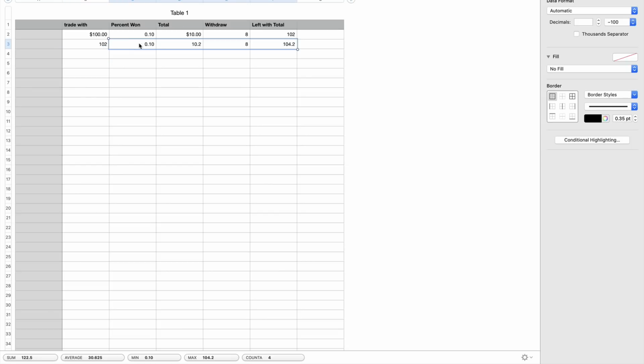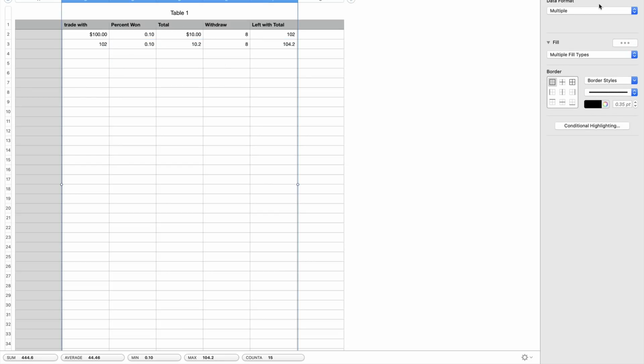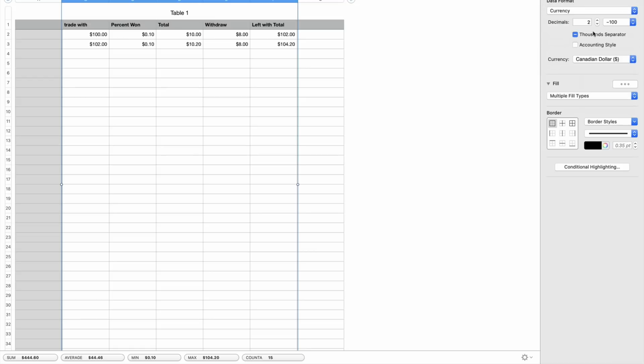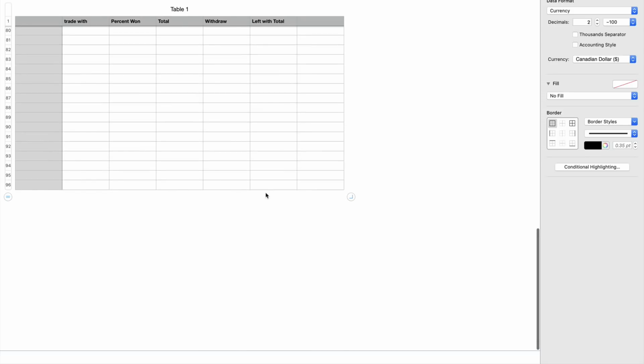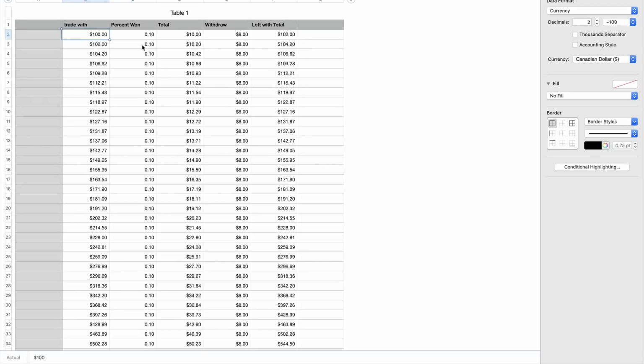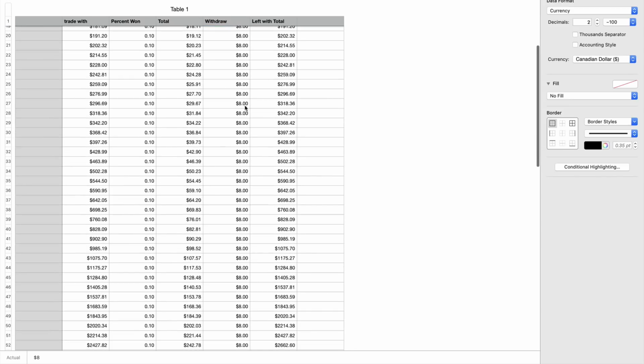Okay, I'm just gonna recalculate this. Hang on, I'm gonna make it all currency. Okay, and now I'm just gonna calculate this over and over again. So now we had $100, and we just do this over and over and over. So this is the amount you withdrew, a number that you decide. So let's say you decide to withdraw $8 a day.